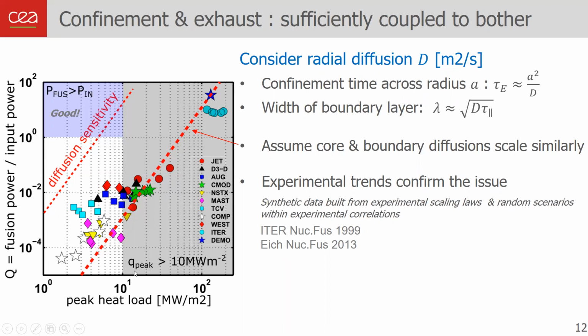And you can do it in current reactors because tiles are not actively cooled most of the time, and so you can, for a short period of time, put a lot of power on them. Now for ITER and DEMO, you see that, of course, you get predicted, let's say, fusion efficiency around 10 or more. But you also have peak loads above 100 megawatt per square meter, which is something we have to avoid if you want to operate this reactor.